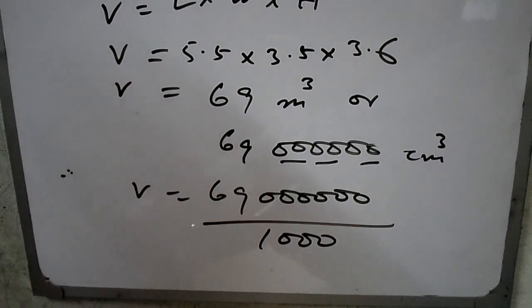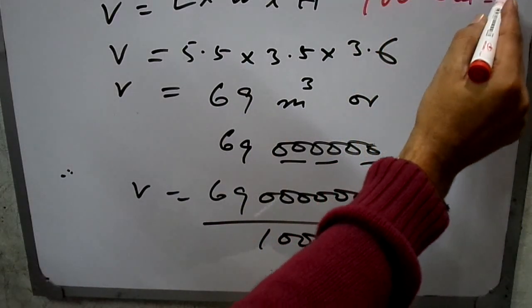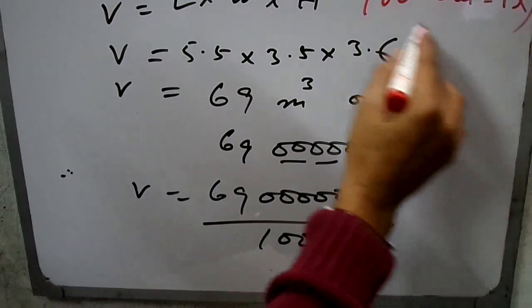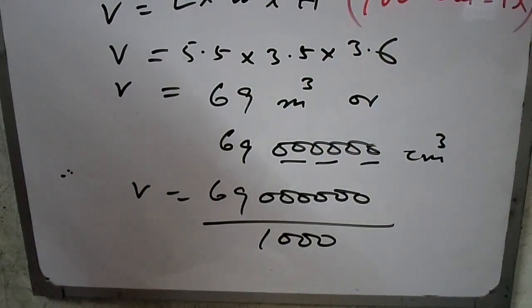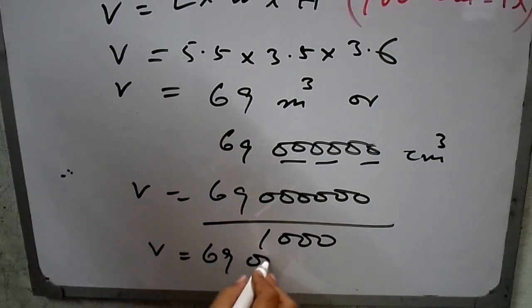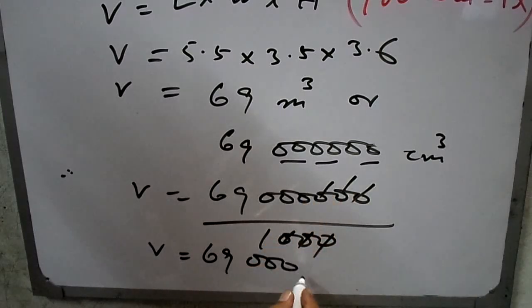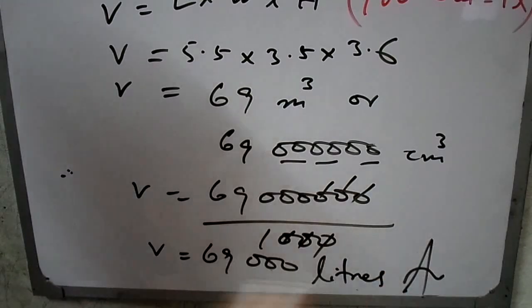It should be remembered that 1000 centimeter cube is equal to 1 liter. So that's why I have divided to convert the centimeter into liters. So your answer is 69.3 liters. So that is your result.